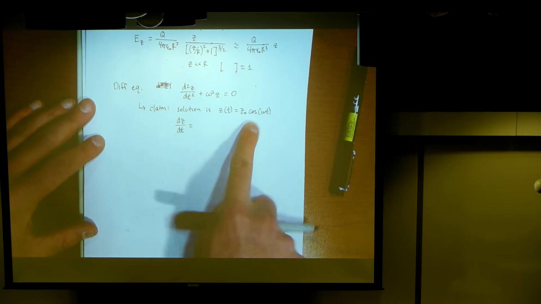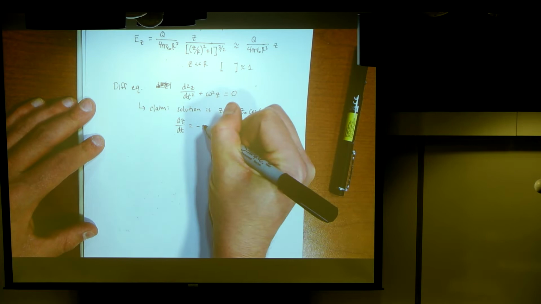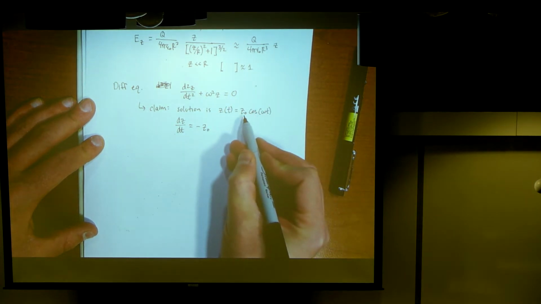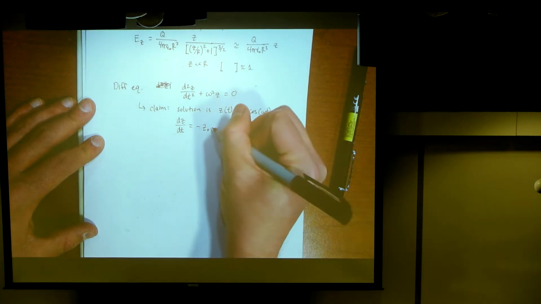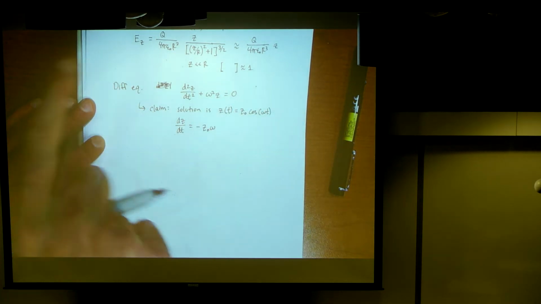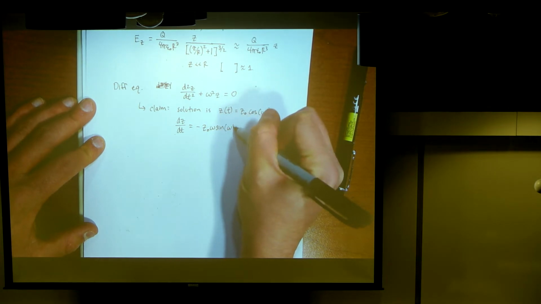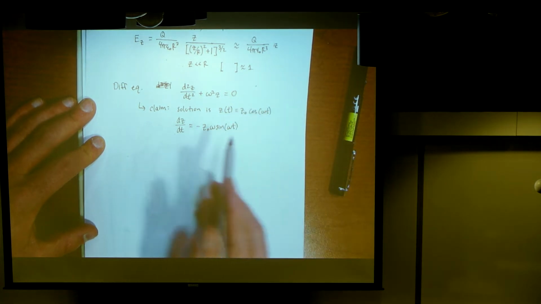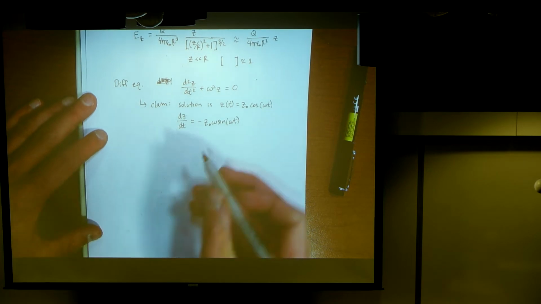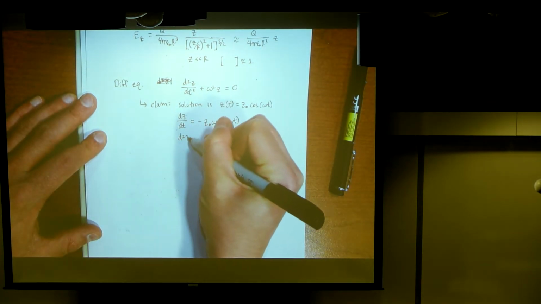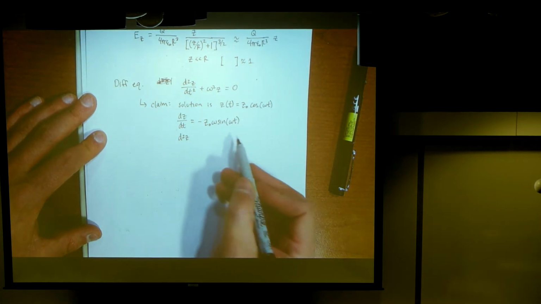Negative z0. So we have the constant out front. We pull out an omega, that's the chain rule. And then cosine gives you negative sine when you take the derivative. And we still have sine omega t, yeah? So that's the first derivative of our function. What's the second derivative? We'll just take the derivative of this guy, right?